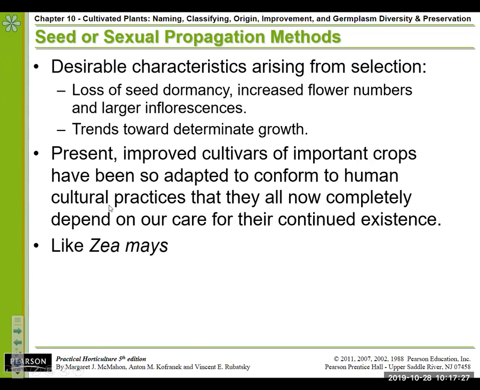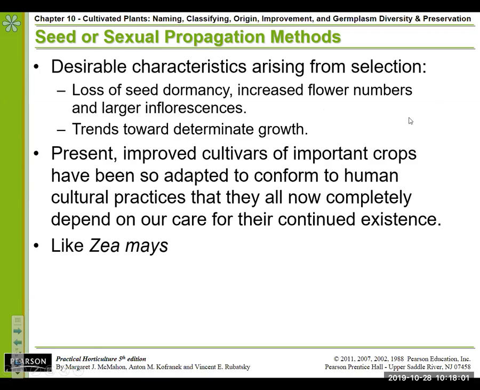Some of the characteristics that we're selecting for in the sexual propagation, as we're saving the seeds from these plants, are things such as the loss of seed dormancy, the ability for them to grow from that seed very easily without having to go through stratification or scarification. We also look at increased flower numbers, because more flowers means more fruits, and larger flowers.